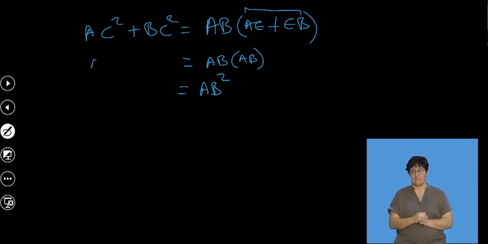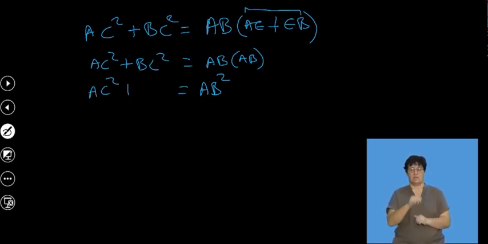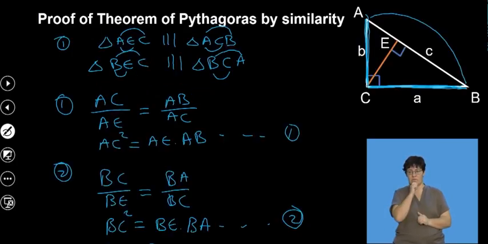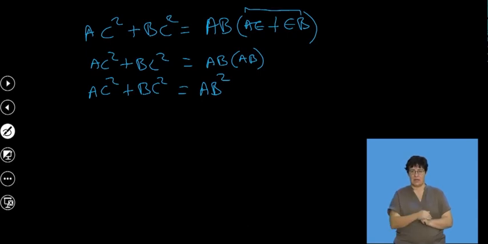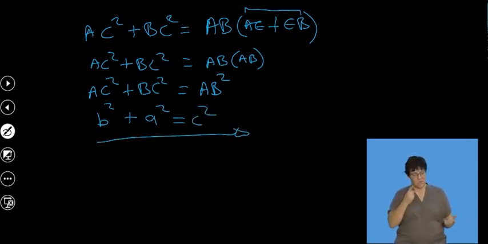So this will be AC squared plus BC squared. And then if we use the small letters, the small letter for AC is b, the small letter for CB is a. So this is b squared plus a squared, which will be equal to c squared. And that's how you prove your theorem of Pythagoras.